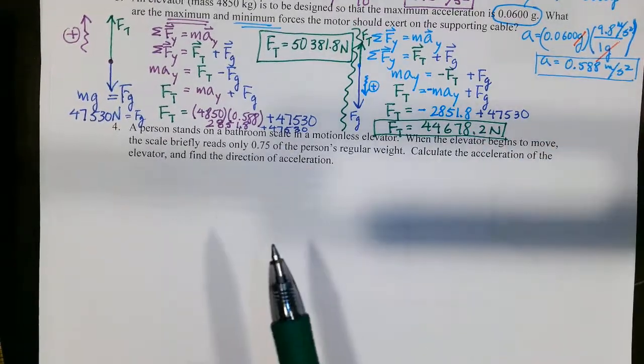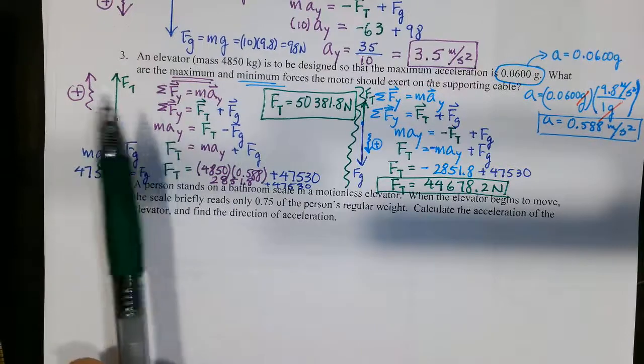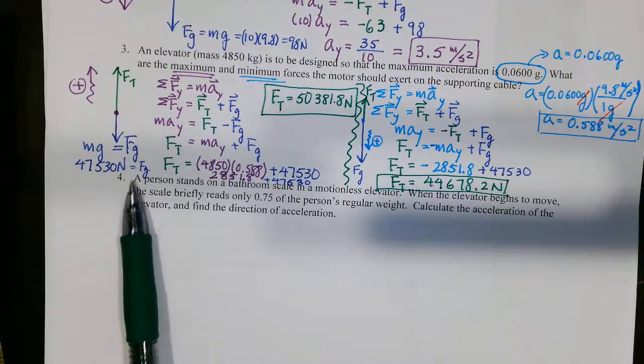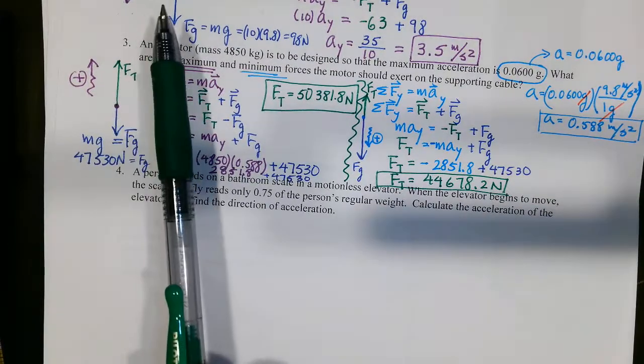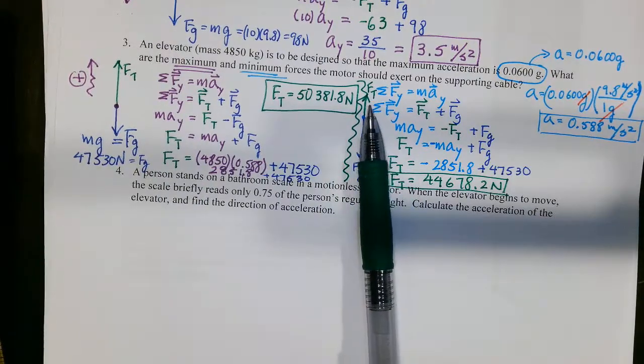If somebody's giving a little lift, the bathroom scale would read less than the person's weight. Remember, tension is greater when the elevator was accelerating upwards, and tension's less when accelerating downwards.